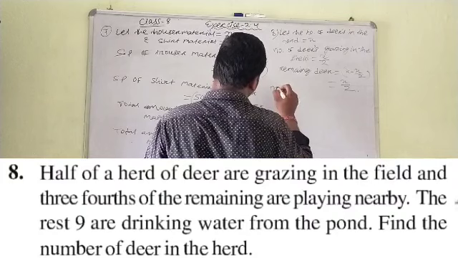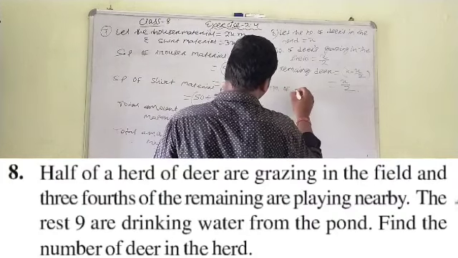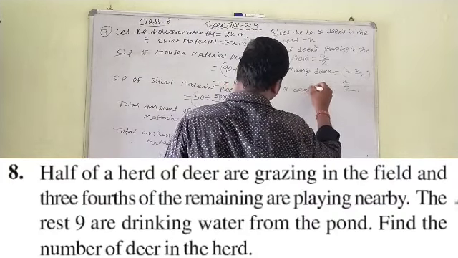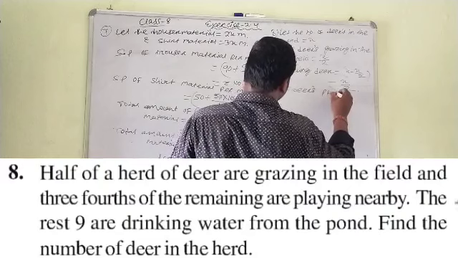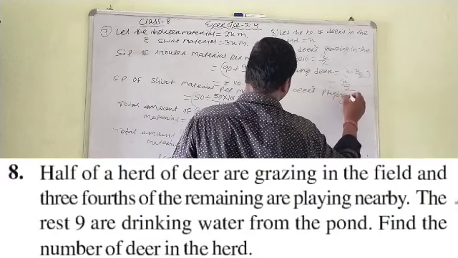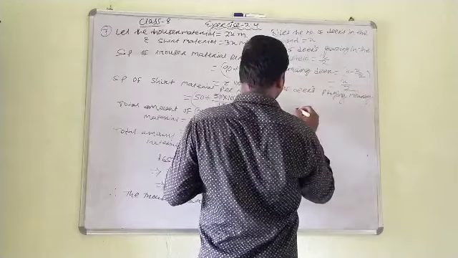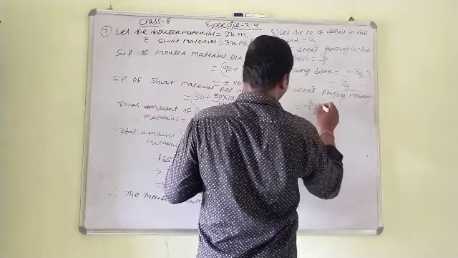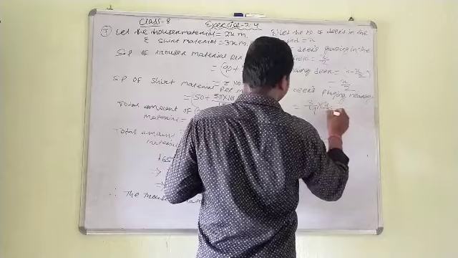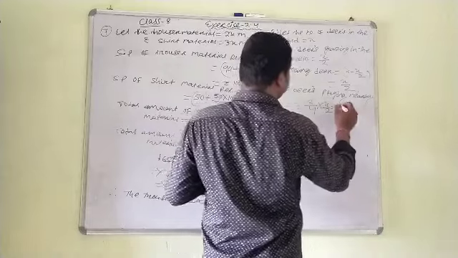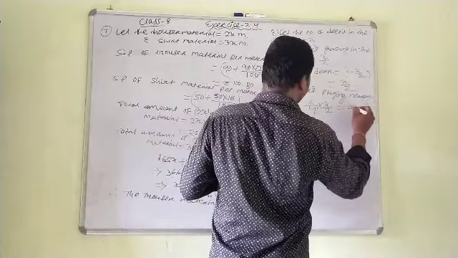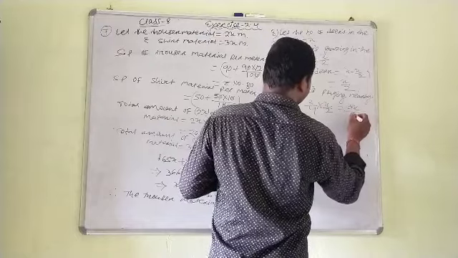So we'll write down the number of deer playing nearby is equal to 3/4 of the remaining, that is X by 2. We'll write it as 3X by 8.